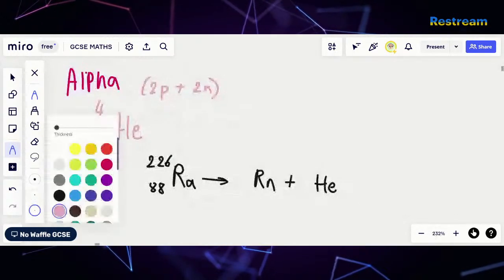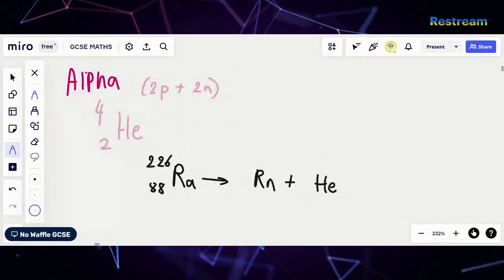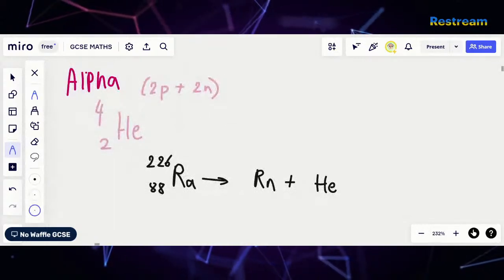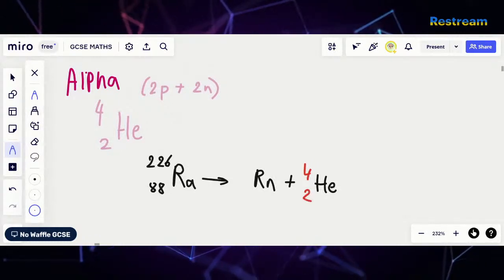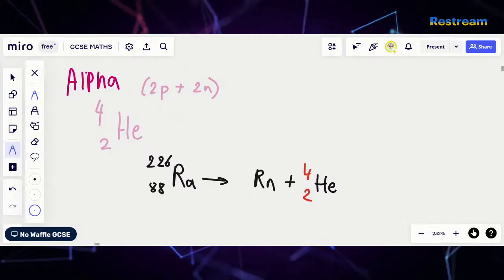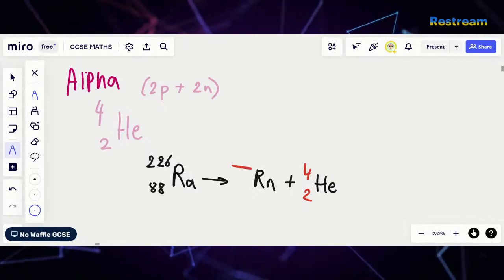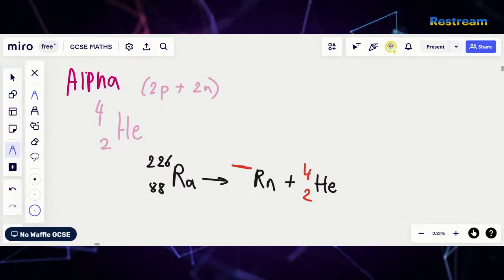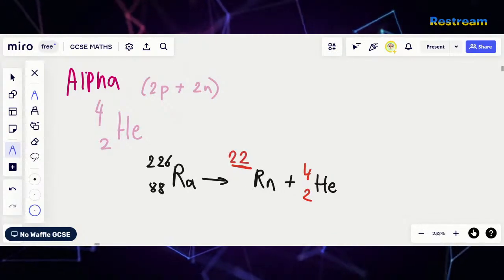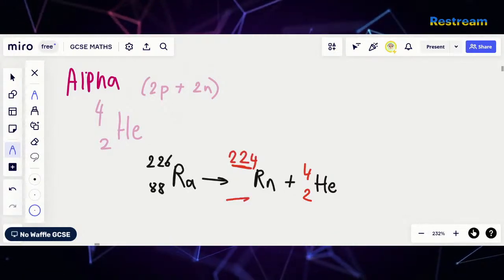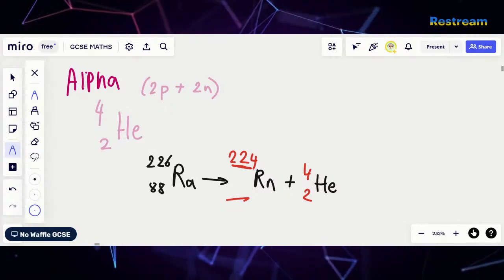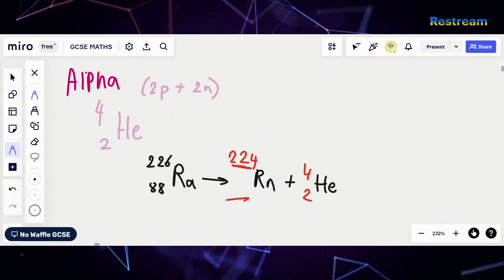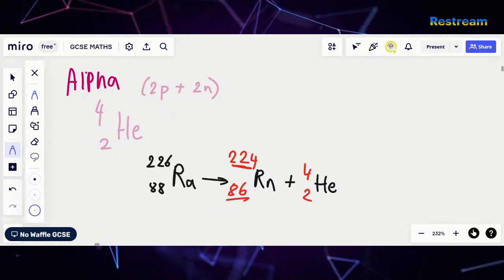What you have to figure out is, you know alpha radiation always produces a helium, and you know that helium has the values 4 and 2. Since it's separated from helium, this value will be 226 minus 4, which is 224. And this value will be the number of protons, and the number of protons will be 2 less, so it will be 86. And that's how alpha radiation works.